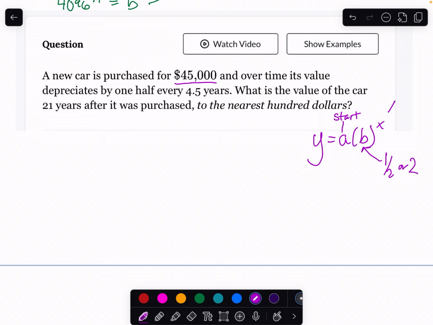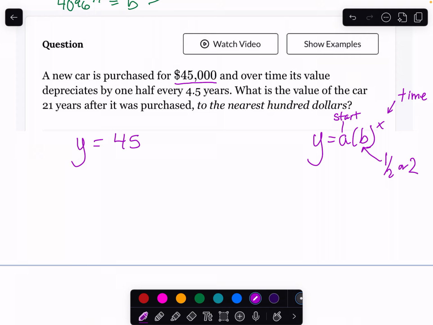So we're going to say for this one, our starting purchase value, so y is equal to that 45,000, and it depreciates by 1/2 every 4.5 years, right? Oh, and actually what we need to do with the time, I'm going to modify my time information. This is important.